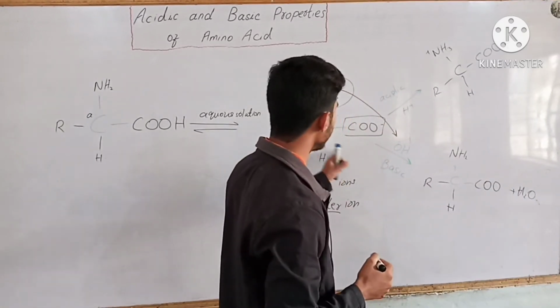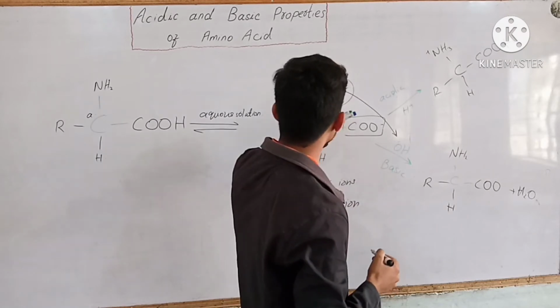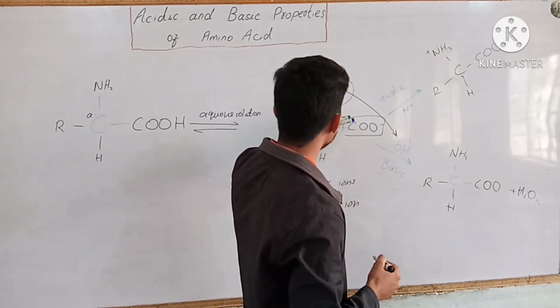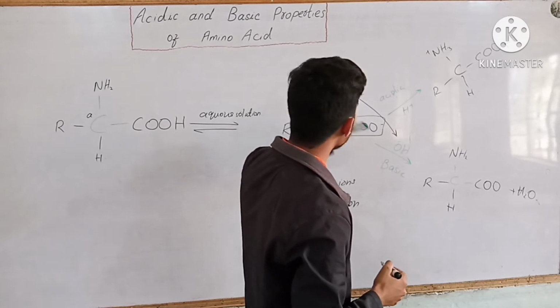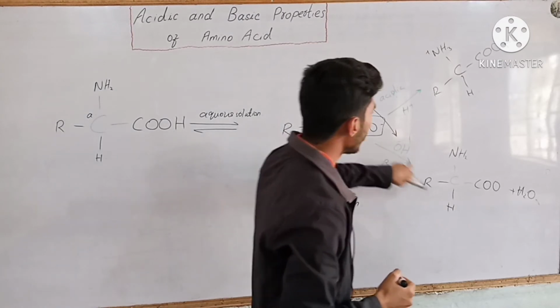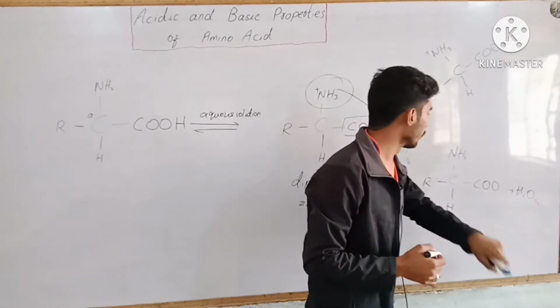If we put this amino acid in basic solution, alpha carbon, C double bond N, R, H. From the amino group, this proton is removed, and this proton interacts with the hydroxyl group and forms water, H2O. So the proton from the amino group is removed and interacts with the hydroxyl group to make a water molecule.